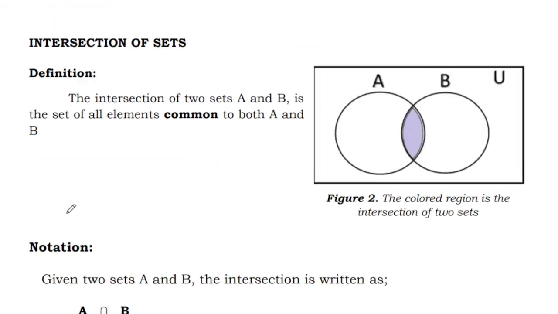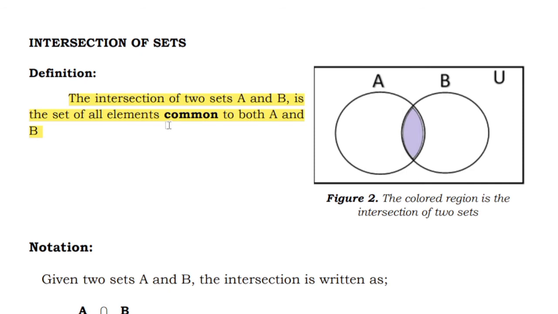Now, when we talk about the intersection of two sets, given A and B, it is the set of all elements common to both A and B. The word common here is highlighted.